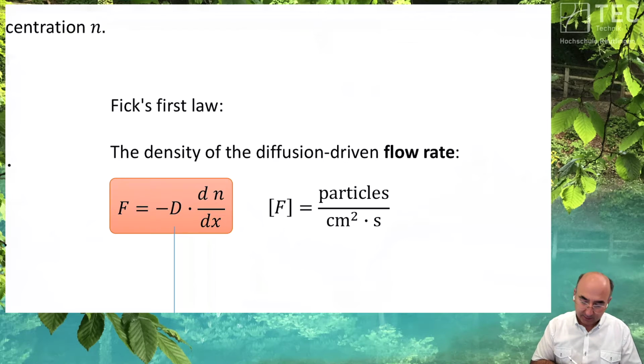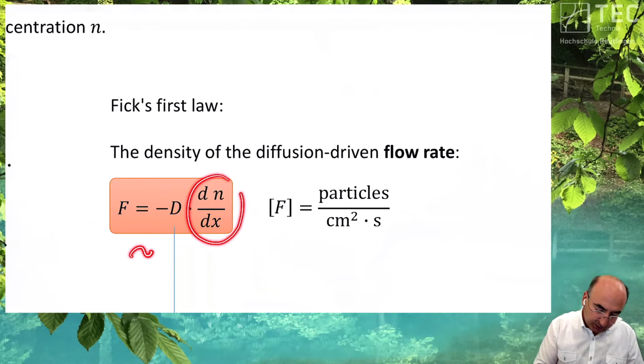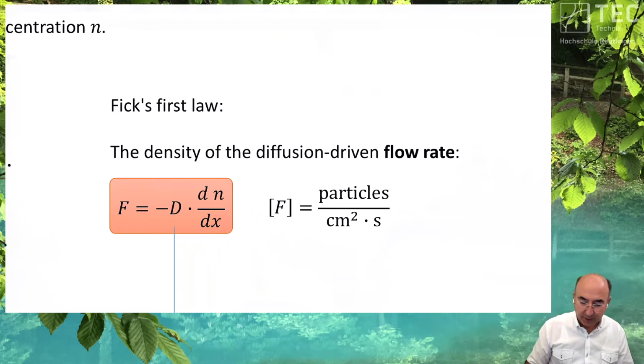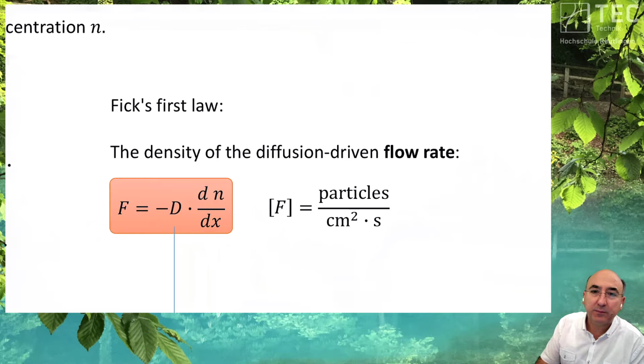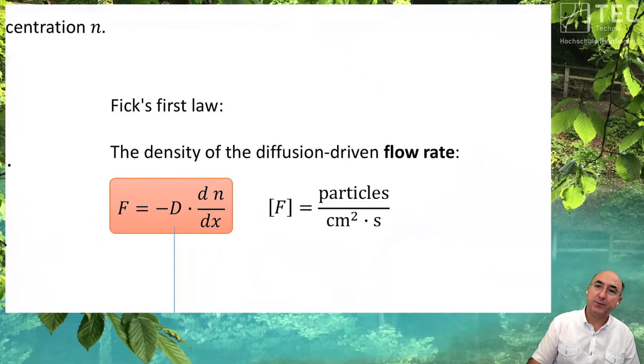And it says that the flow rate is proportional to the gradient of the particle density. So if you have a change from n2 to n1, then you have from here to there a certain gradient.